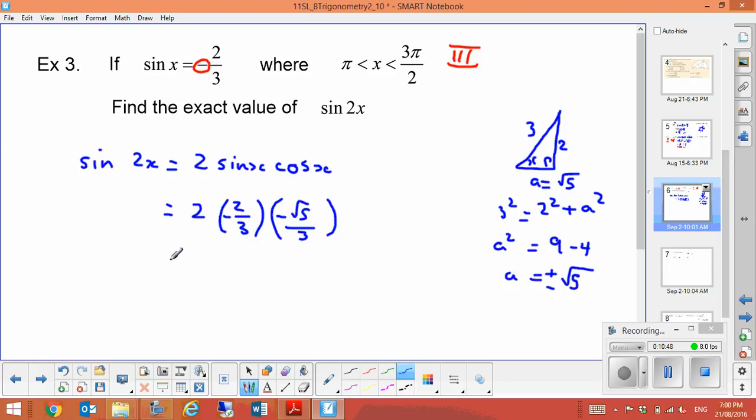So therefore that is equal to positive, what have we got? 2 times 2 is 4, 4 root 5 all over 3 times 3 is 9. Can't simplify that any further. So that gives us the exact value of sine of 2x.